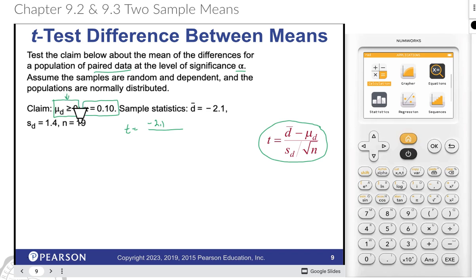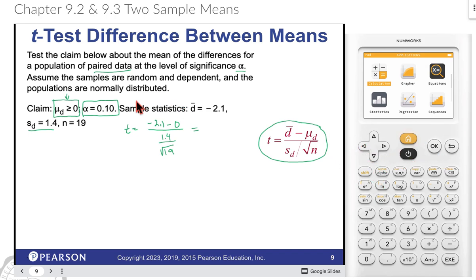And again, because we look at the boundary point, we'll subtract 0. I like that part. Standard deviation, they give us right here, standard deviation of the differences, 1.4, and we divide that by the square root of the sample size, square root of 19. So we put all of this into the calculator.